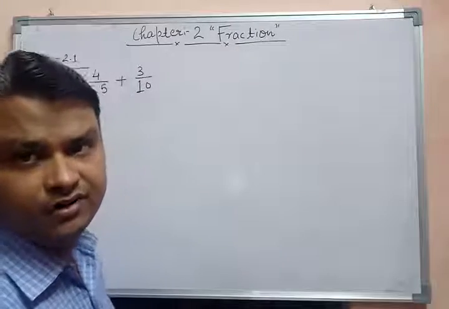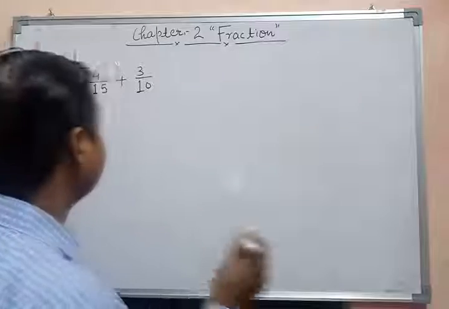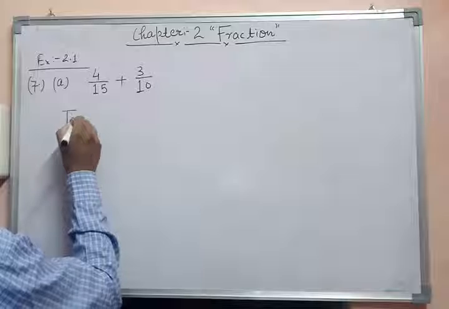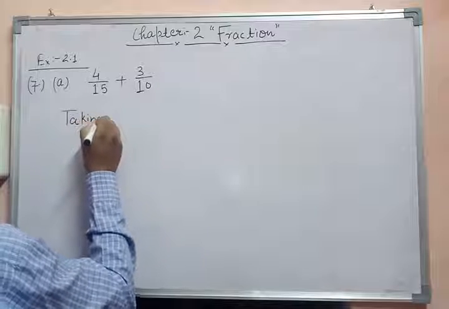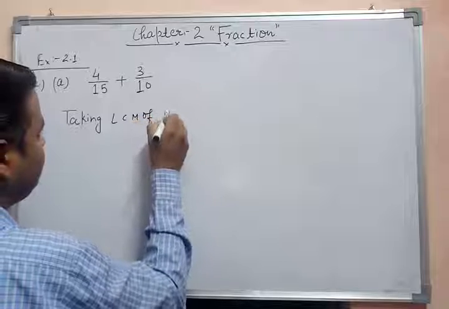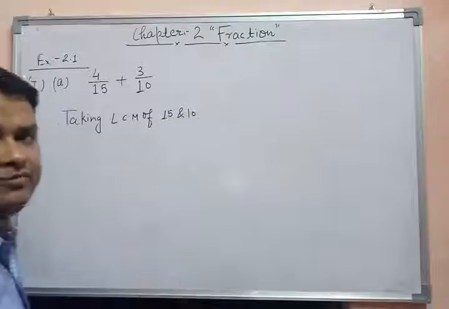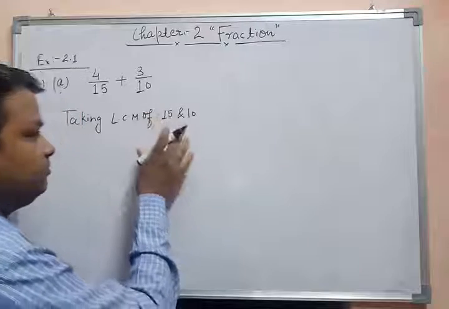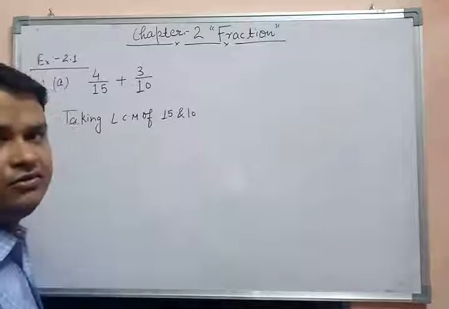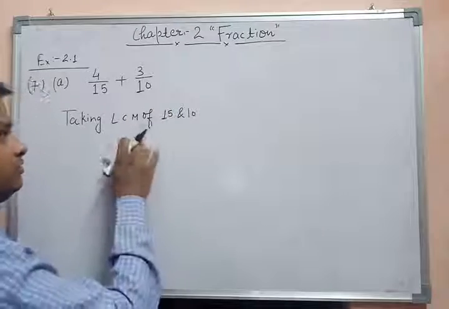I have told in the previous video that you have to take the LCM of the denominators, the LCM of 15 and 10. Students, this is not a part of your rough work. This is your calculation part, so you have to write it in the solution.